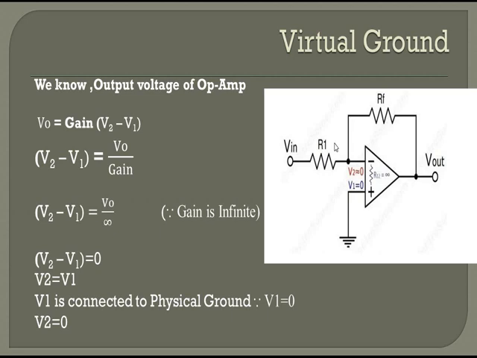In the introduction we saw the output of the op-amp is the difference of the two input voltages, which is V0 equal to the gain of the op-amp multiplied by (V2 minus V1). This is the output equation of the operational amplifier.